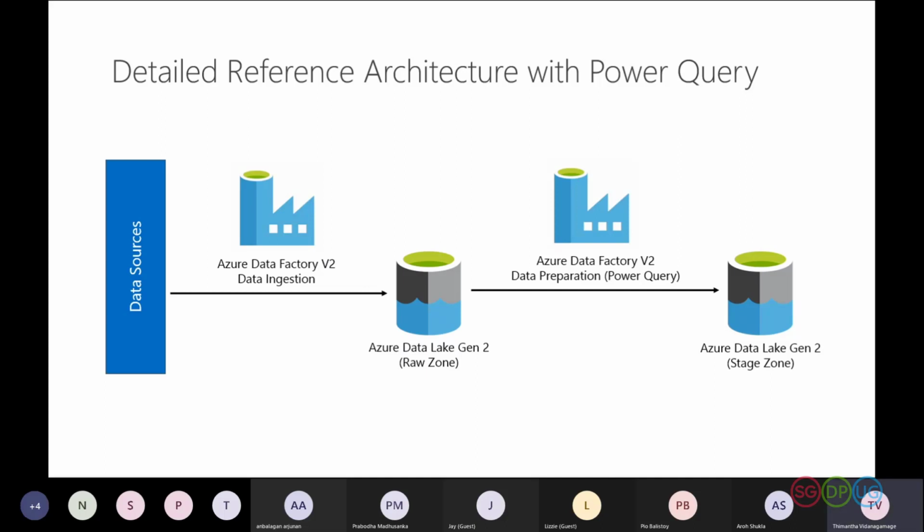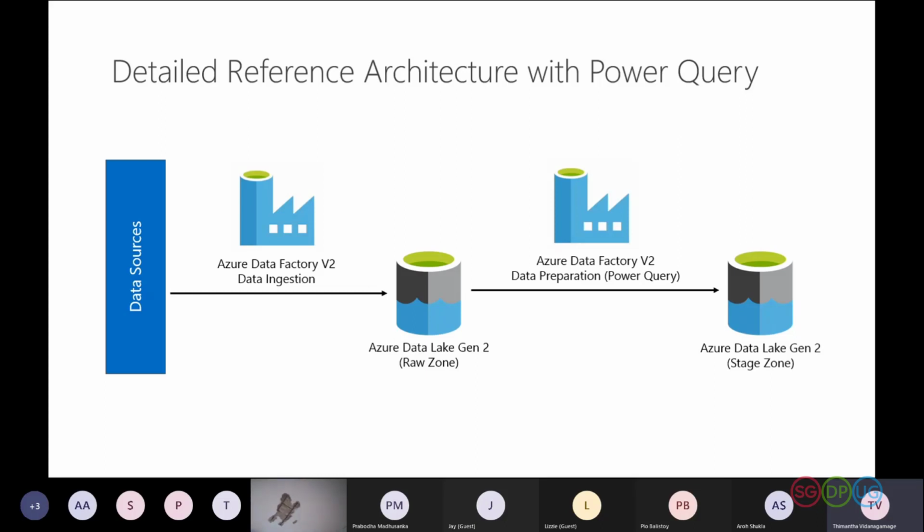In this case, we have just two zones, which are the raw zone and the stage zone. When it comes to real world solutions, there will be more zones coming in, like the user drop zone, the curated zone, and so on. So in this case, I have considered only two zones.